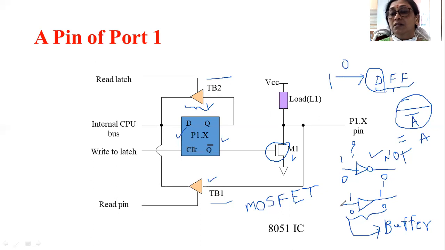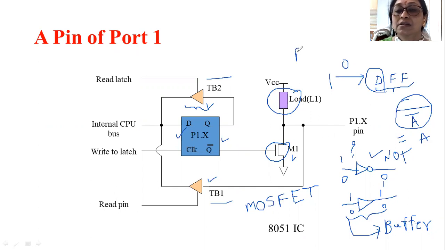MOS means metal oxide semiconductor. FET means field effect transistor. So it is a type of transistor which is called a metal oxide semiconductor field effect transistor. So here we are using a transistor. And what is this? Load means what? Which kind of component is this? Do you have any idea?